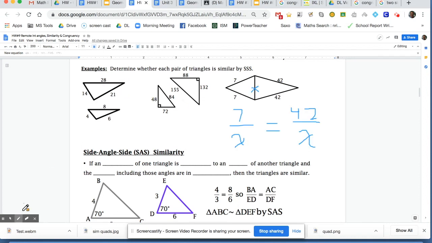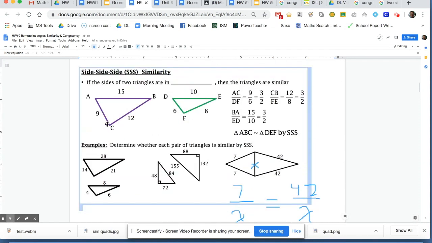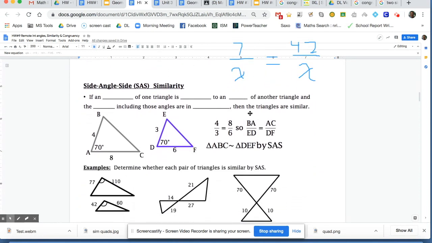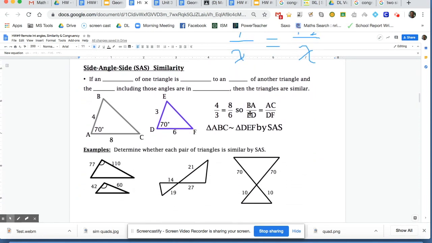Moving on to another postulate, which is side-angle-side similarity. So if we have a pair of angles that we see are congruent, then we look and see if the pairs of corresponding sides are proportional. So here's an example where we have 4/3 and 8/6.